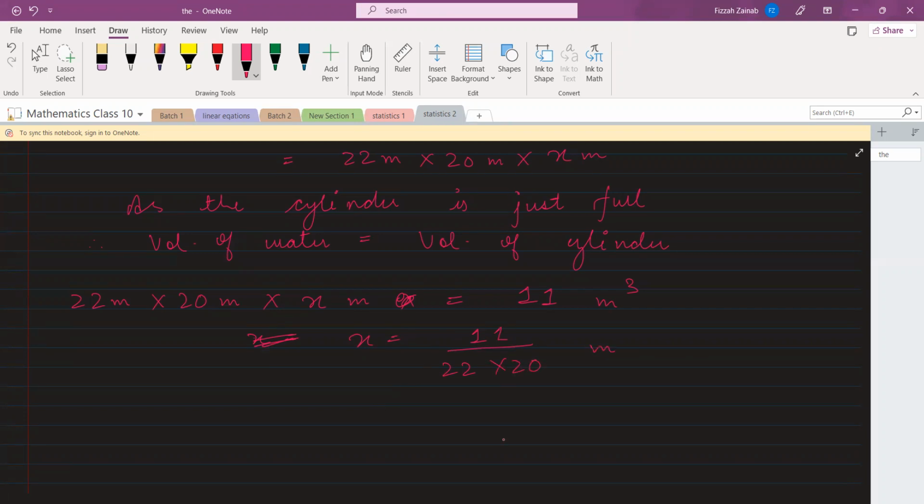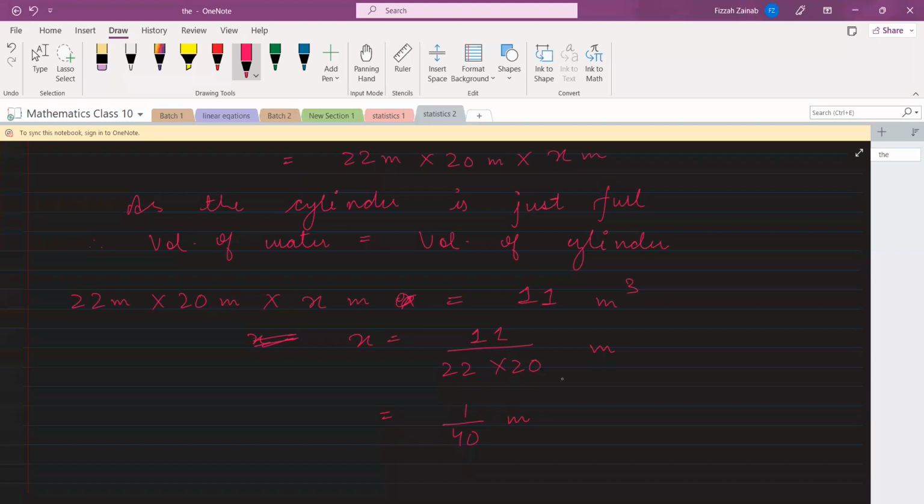And 1 meter will come here because it is height, it will be in meter. Clear, Martin? So 11 into 1, 11 into 2 is 22. So this is 1 upon 40 meter, right?